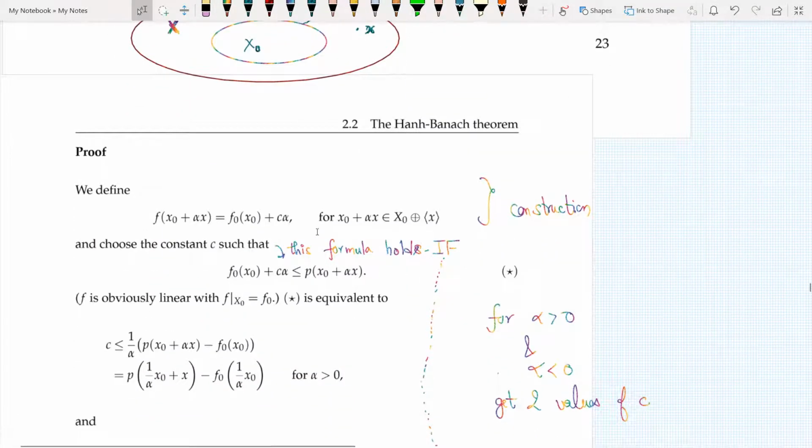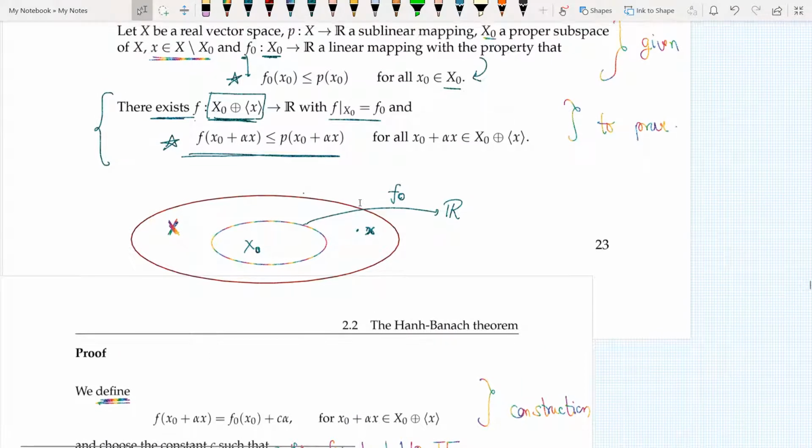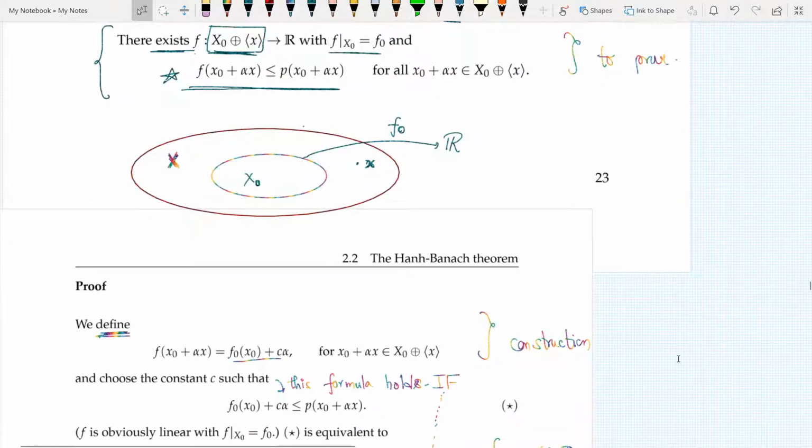So now we define again. Define. It's a very important and beautiful word. So what happened? How did we proceed with the proof? We defined f of x naught plus alpha x equal to f naught of x naught plus c alpha. And this is my domain space.